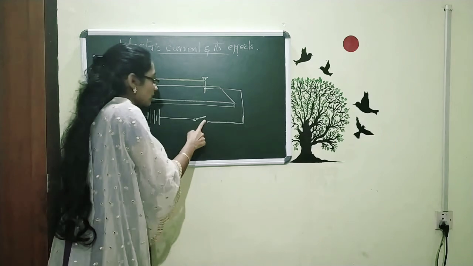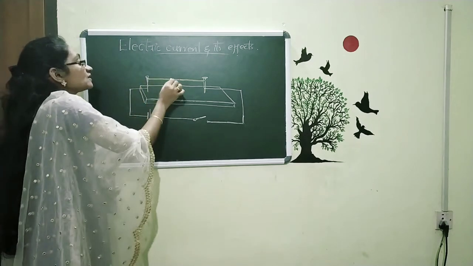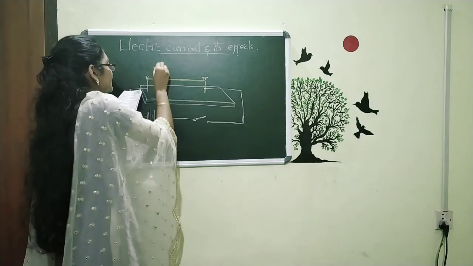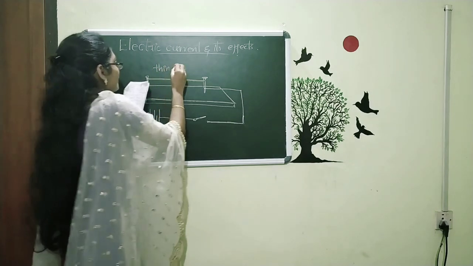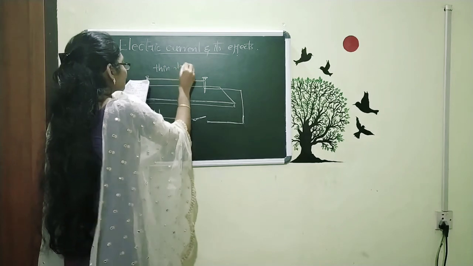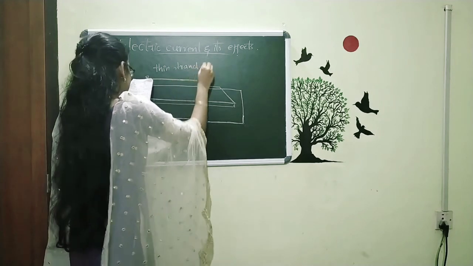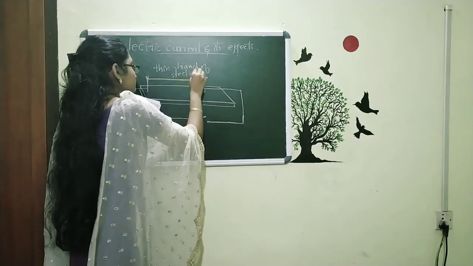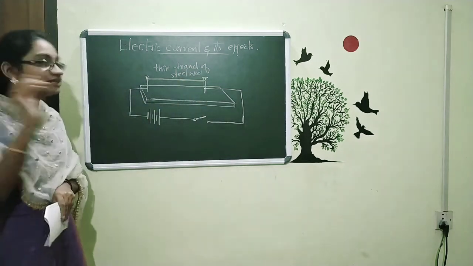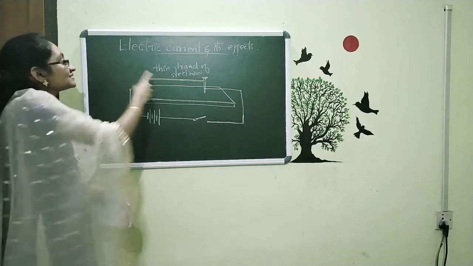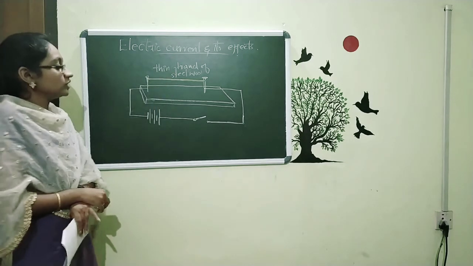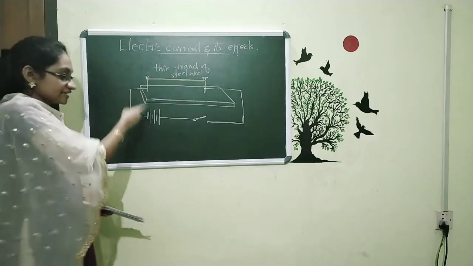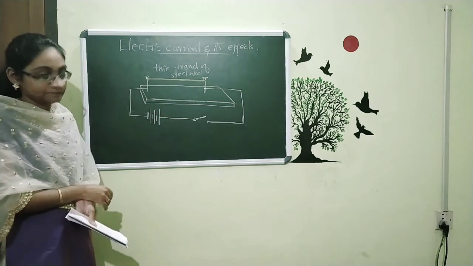Now this key is open and I am putting a wire here, and this wire is a thin strand of steel wool, meaning very tiny steel wire. So I am connecting this steel wool with these nails and connecting a battery and a key.